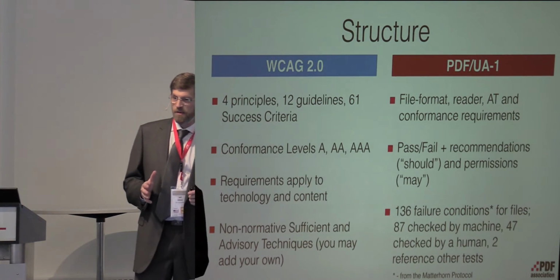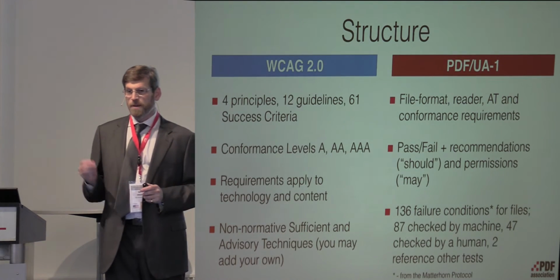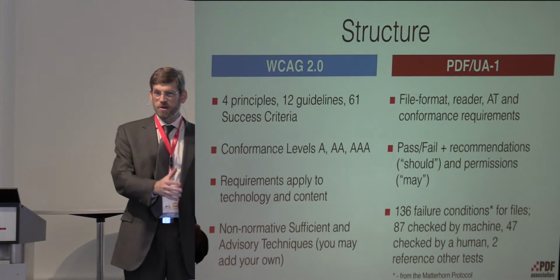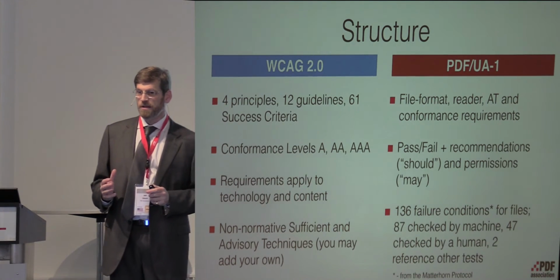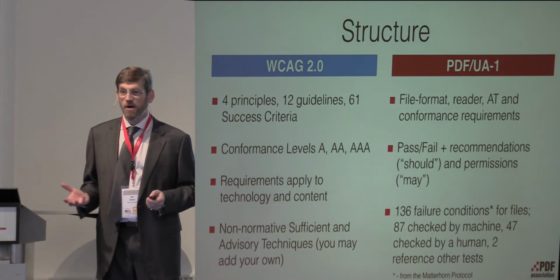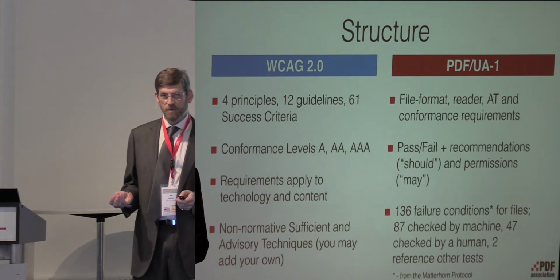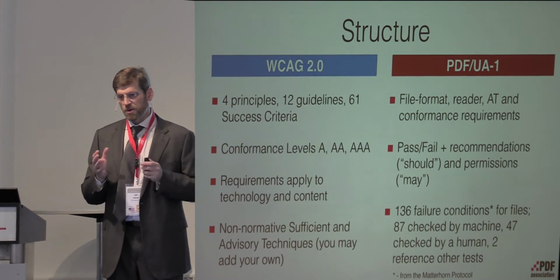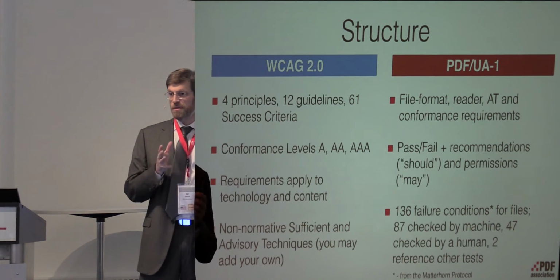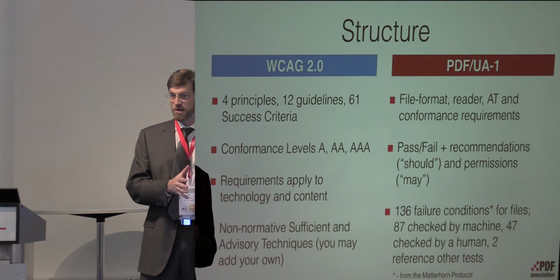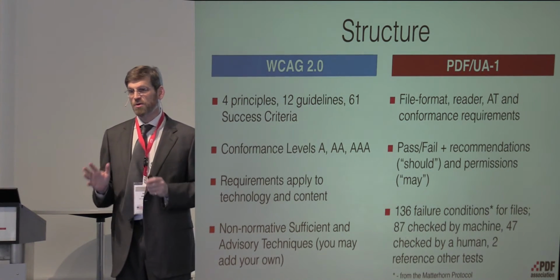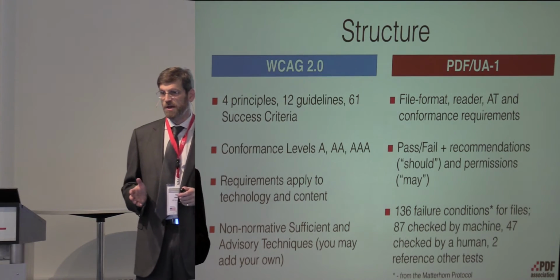In addition to file format requirements, as Adam mentioned earlier, there are also requirements for reader software, that is to say, the software that consumes an accessible PDF file, and for AT software. And I think this is unique, quite frankly; I'm not aware of other regulations that may be applied to AT specifically. The reader software is required fundamentally to support all of the features that are required in PDF/UA files, and the AT requirements require AT to support everything that the reader can consume from a PDF/UA document.